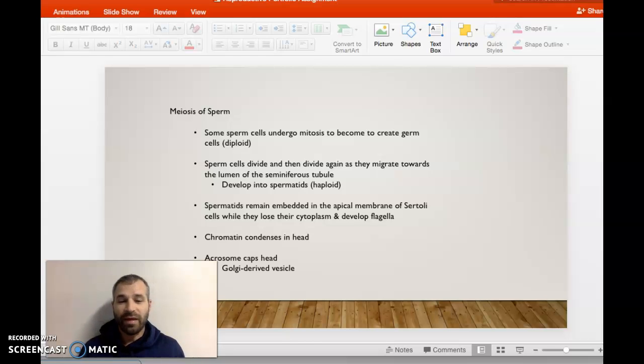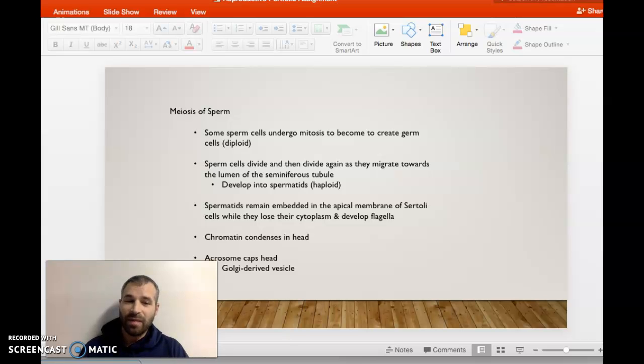Spermatids will remain embedded in the apical membrane of the Sertoli cells until they lose their cytoplasm and develop flagella, which is a means of locomotion, and this is the way they make their way to the oocyte within the female body.